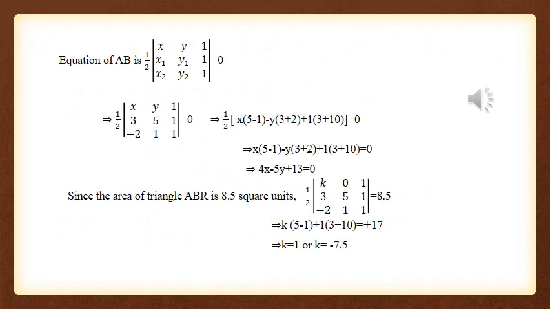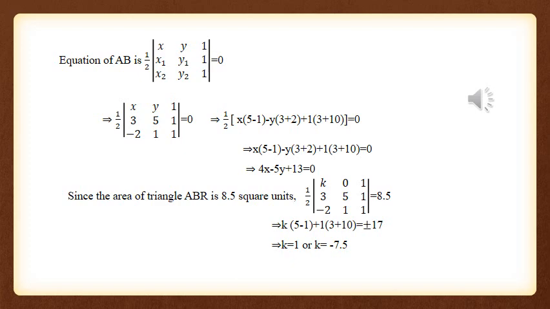So the equation of line AB is determinant x, y, 1, x1, y1, 1, x2, y2, 1 equal to 0. This implies determinant x, y, 1. x, y is the arbitrary point. Now A point is (3, 5), so second row 3, 5, 1.